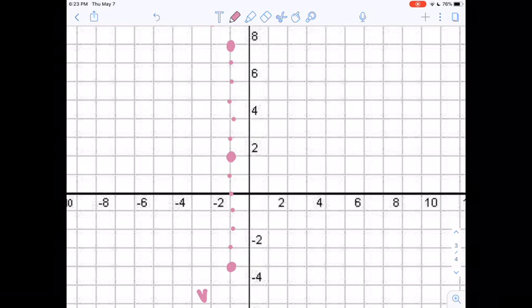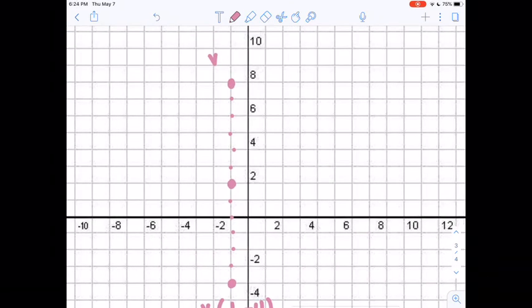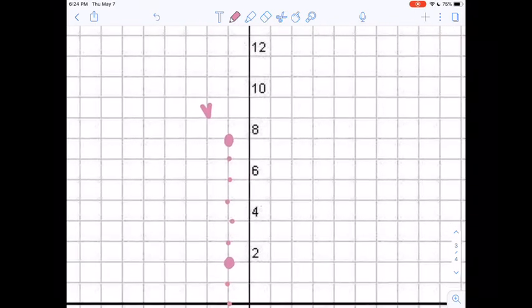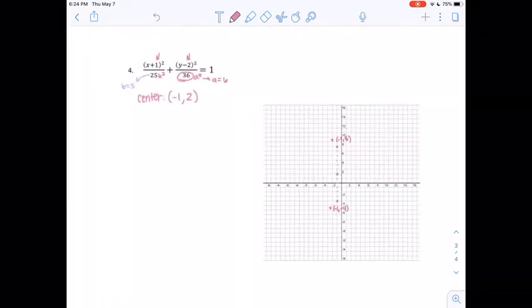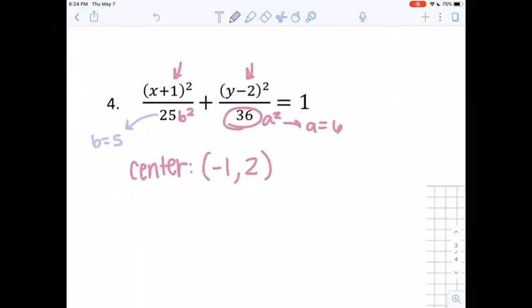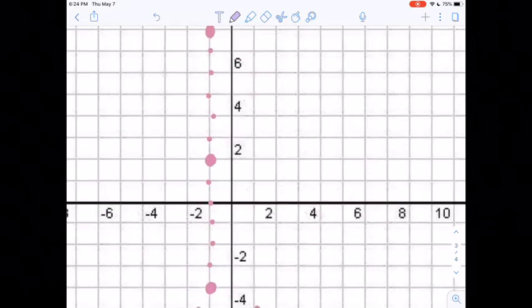So this is at -1, -4. This one is at negative 1, 8. And let's count the smaller axis that's in purple. So since, again, the 25 is underneath the x, it means I need to count left and right from the center.